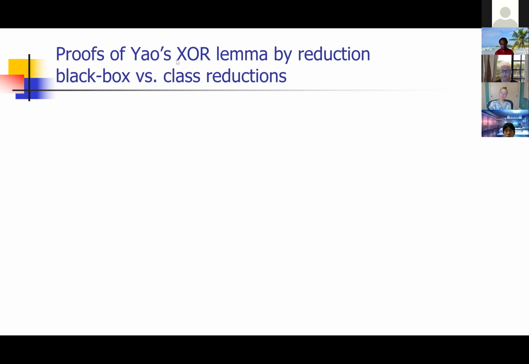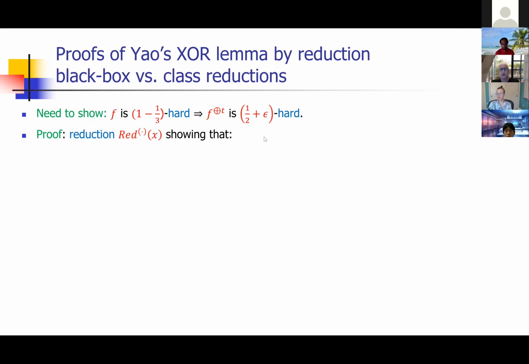This is an oracle procedure, a reduction, such that if you give the reduction access to any function C prime which breaks the security of F XOR T, then when the reduction receives oracle access to this adversary, it breaks the initial function F. So for every C prime, if C prime breaks F XOR T and you give me C prime as an oracle, as a reduction, I will be able to break F.